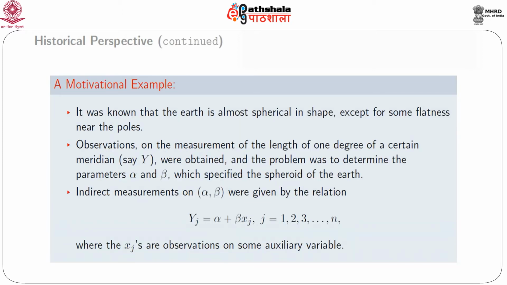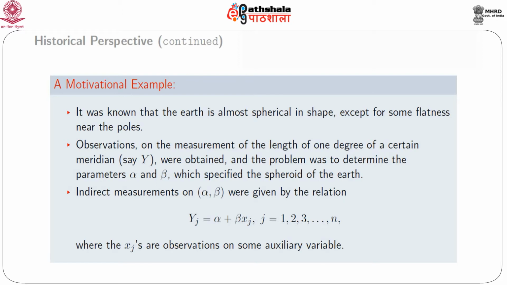It was known that the earth is almost spherical in shape except for some flatness near the poles. Observations on the measurement of the length of 1 degree of a certain meridian, say Y, were obtained, and the problem was to determine the parameters alpha and beta which specified the spheroid of the earth.